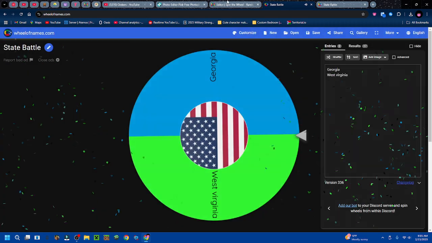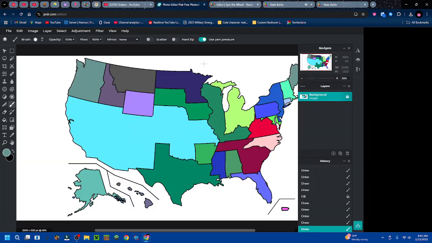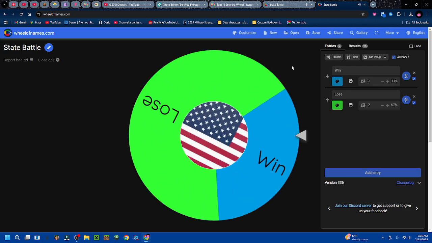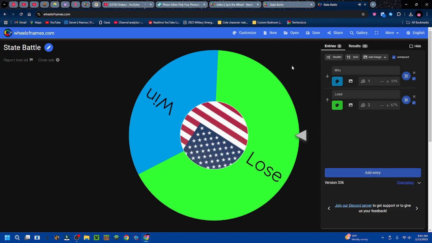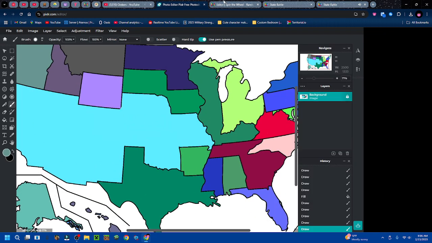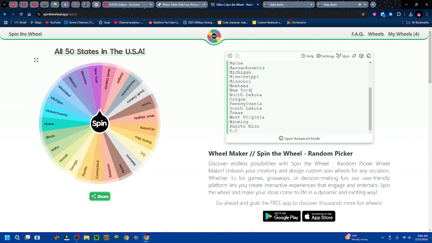They're going to be trying to take out West Virginia. So their lose chance is 2. Their win chance is 1. So they still have a chance. It's just not as big as the losing chance. And they just lost to West Virginia. Alright. Let's just remove them from the list. North Carolina, bye-bye.